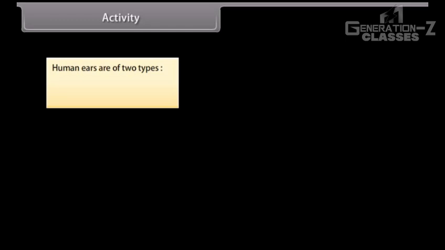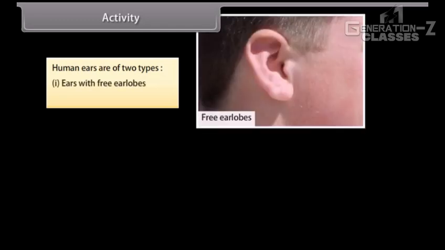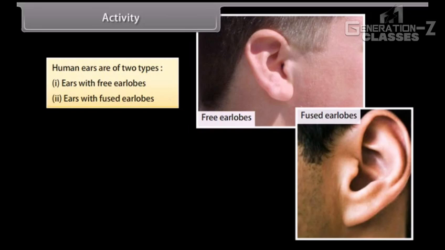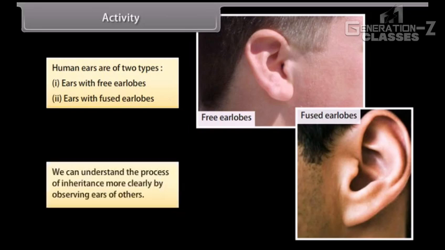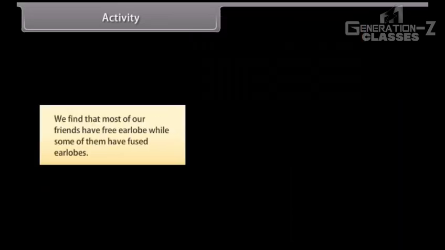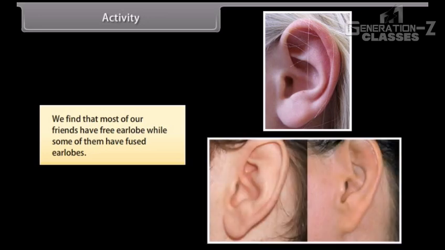Human ears are of two types: ears with free earlobes, ears with fused earlobes. We can understand the process of inheritance more clearly by observing ears of all the students in the classroom. We find that most of our friends have free earlobes, while some of them have fused earlobes.